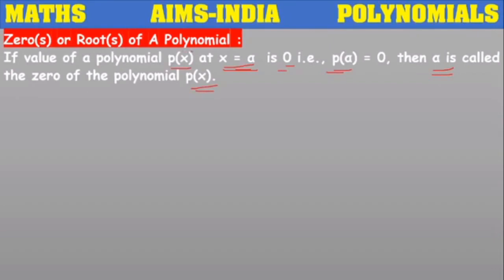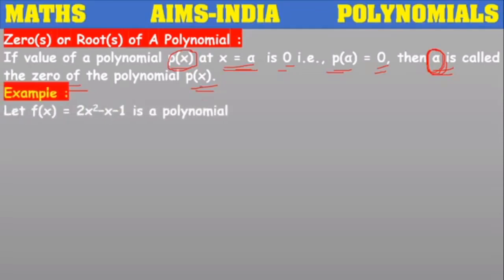So they have given a polynomial p of x, and we have taken a variable value as alpha. If we take alpha in the place of x, if the polynomial value is becoming 0, then that alpha, whatever variable value we have taken, is considered as 0 of the given polynomial.